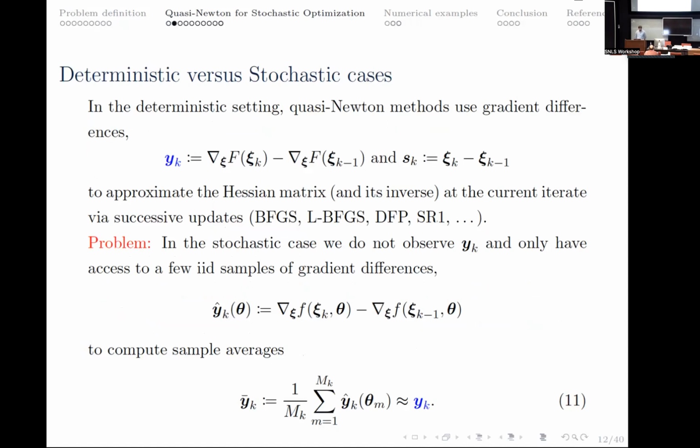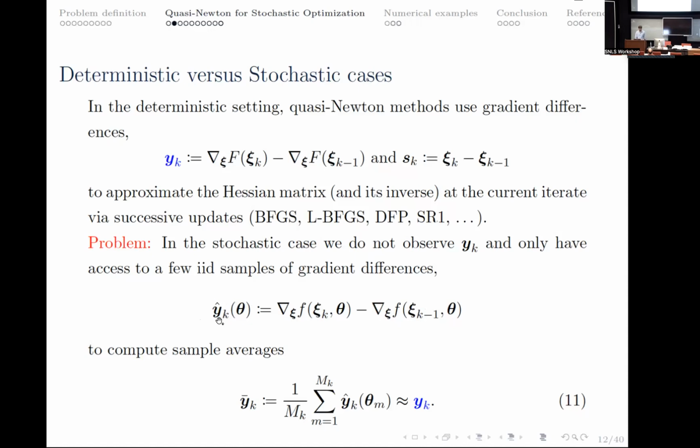So, okay, let's lay down some notation here. In deterministic quasi-Newton methods, as I just said, we have access to this y_k here, which is the difference of the gradients evaluated at subsequent iterates. Now, this is what is used in deterministic quasi-Newton methods. However, in our case, we do not have access to y. Instead, we have access to evaluations of lowercase f here, and we can evaluate this for thetas that we sample.